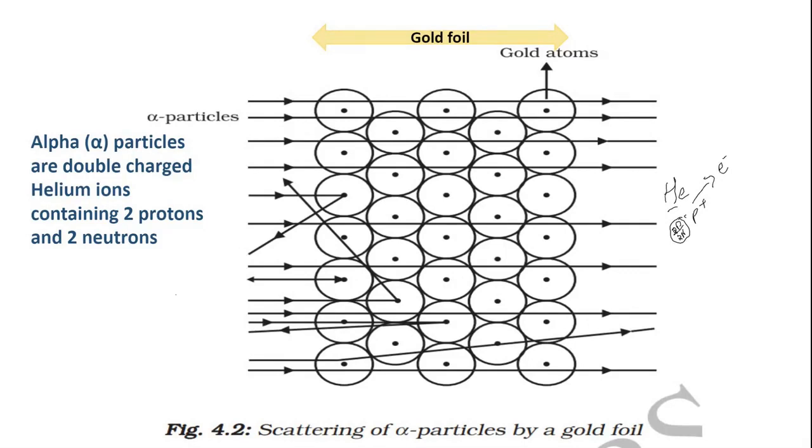If alpha particles touch the electrons, what happens, ma'am? See, nothing will happen, because the electrons don't have any mass. We saw that it is 1/2000 times, so it is negligible. The alpha particles have two protons and are going fast.